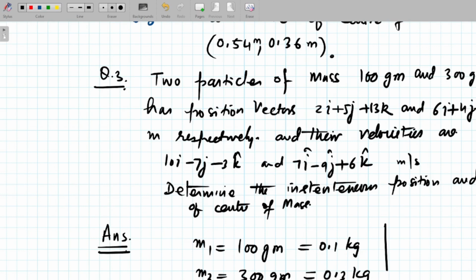This is how you have to write your data. Similarly, write down your corresponding vector R1. R1 is 2i, 5j and plus 13k, and R2 is minus 6i, 4j, minus 2k.